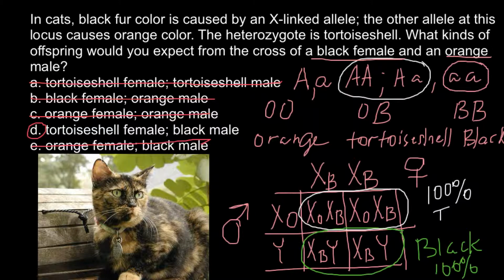And one last comment: as you see, only females can be tortoiseshell, because males have only one X chromosome, and they can have either XB or XO, so they can be only uniform orange or uniform black, but they can never have an intermediate or codominant color that would be patches of orange and black.